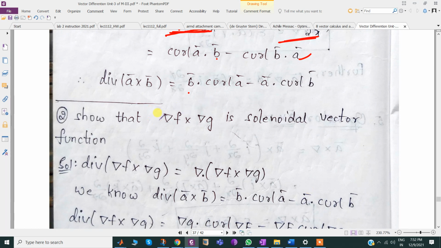So keep on practicing. Now, del f cross del g is a solenoidal vector function. Solenoidal means here div is equal to 0, div of the vector is equal to 0. So based on that, div of del f cross del g, that means del dot del f cross del g.